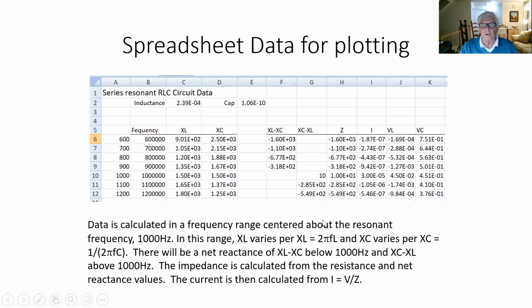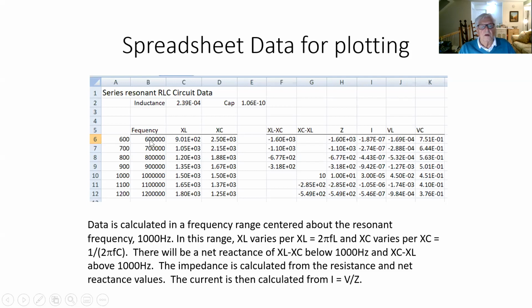To do that, we're going to use a spreadsheet. First we put in the inductance, and the capacitance in picofarads, and we look at a frequency range between about 600,000 up to 12 million.